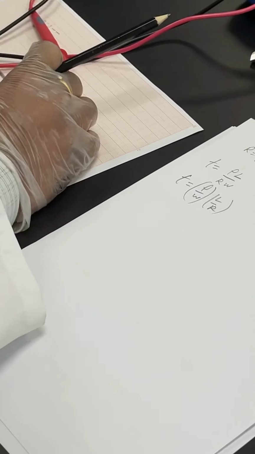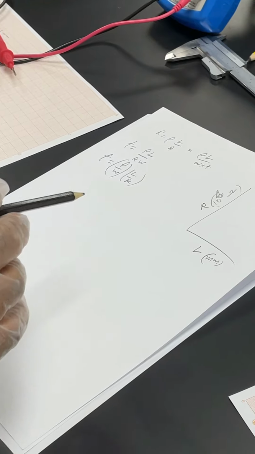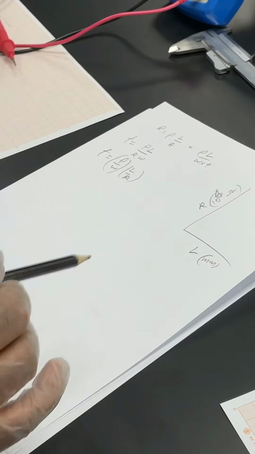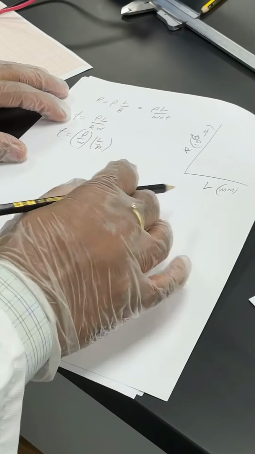W is the width of this line. It's 1 millimeter, 2 millimeter, 3 millimeter, whatever the width, you can write it here. L is the length of the pencil line. R is the resistance.